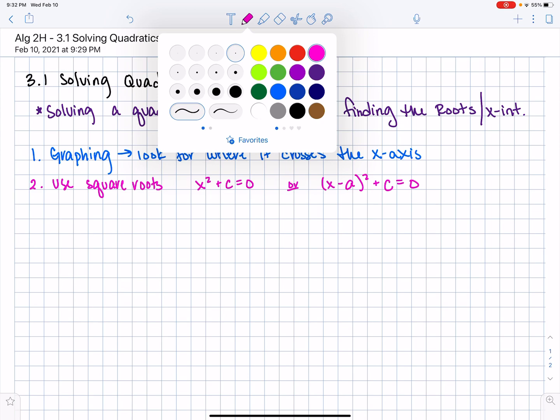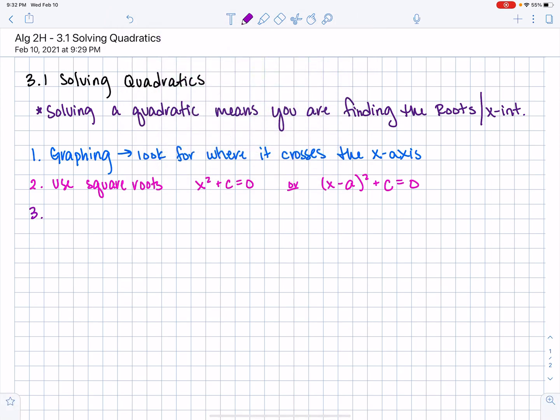And then we have the method that we started yesterday, that we could factor the quadratic and use the zero product property.